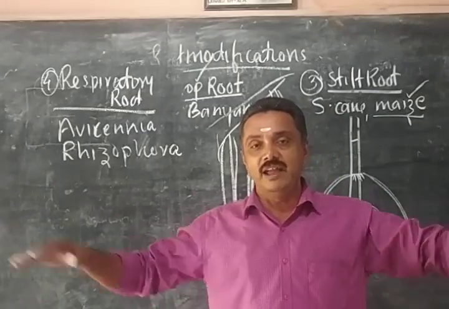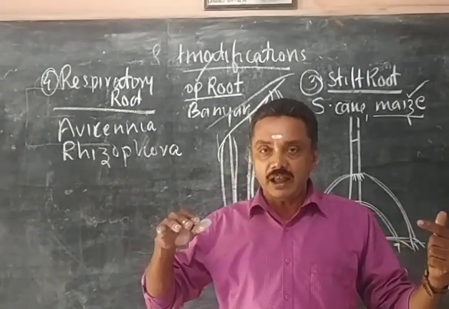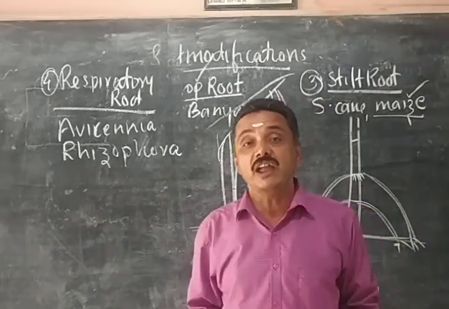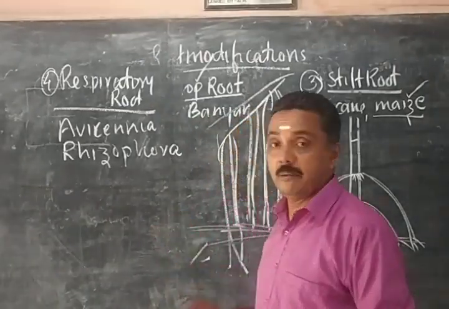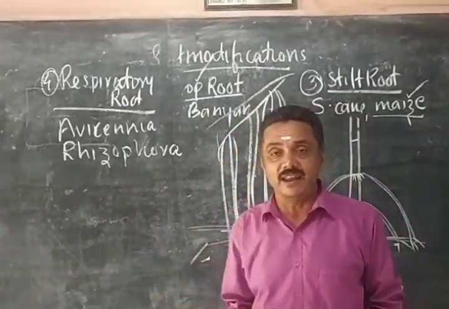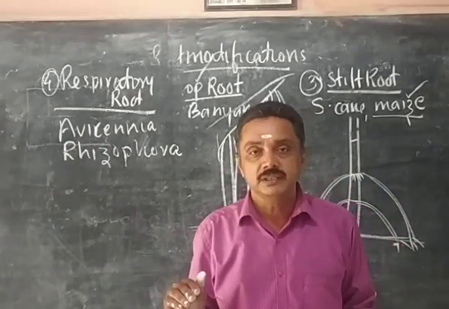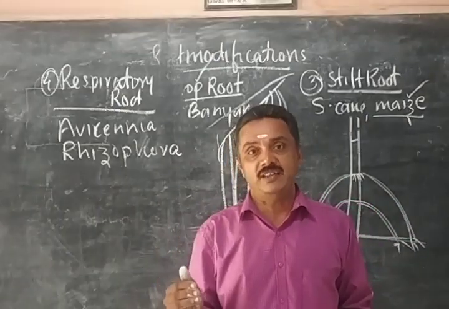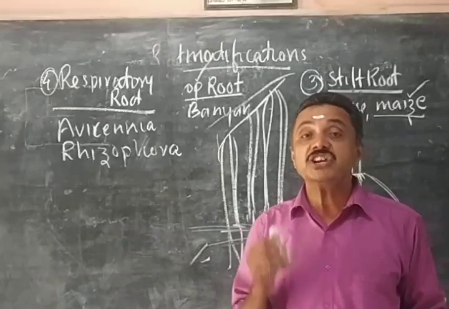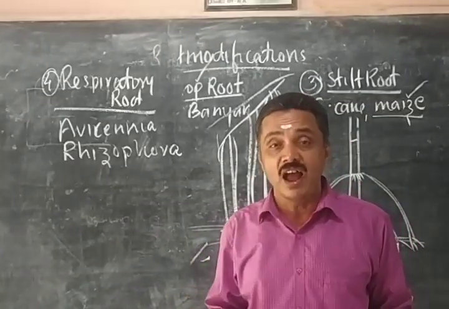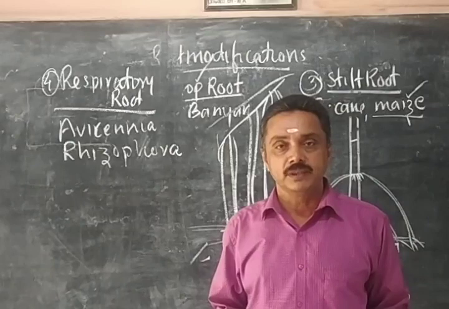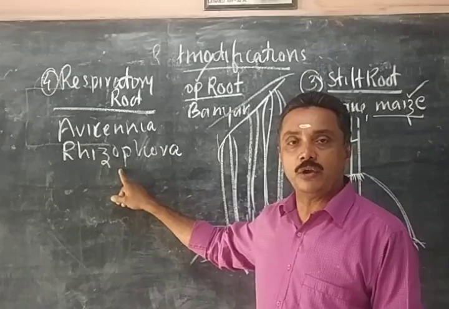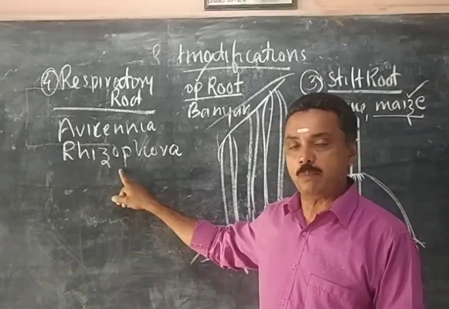Marshy, M-A-R-S-H-Y. Plants growing in such marshy, muddy areas and river banks are called mangrove plants. Avicennia and Rhizophora are examples.